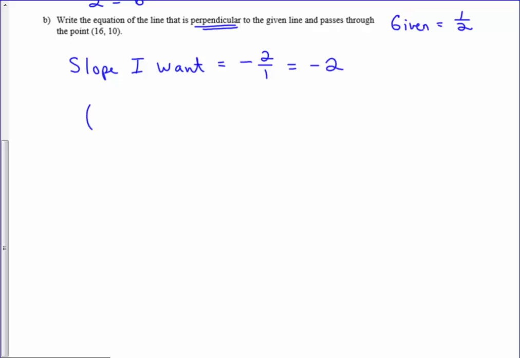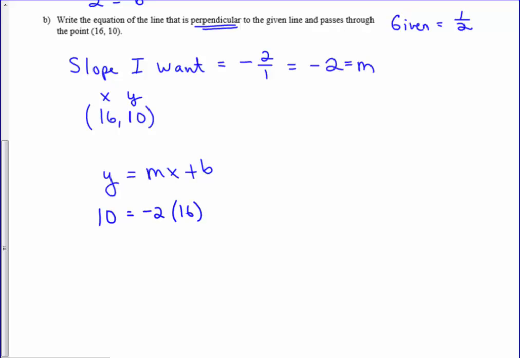Now from here, I can do something similar to what I did before. I have an ordered pair, (16, 10). So I can use an x and a y, and then I can use the negative 2 as my m value. Using the equation y equals mx plus b, plug in your x, y, and your m, and that would allow us to solve for b. The y value is 10, the m value is negative 2, x is 16, and we don't know b.